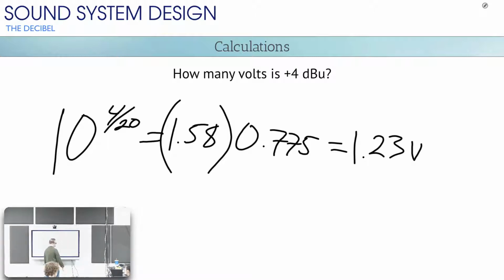That's another one you ought to memorize. So what that means is on your professional mixing console that has an XLR output on it, if you hook a little voltmeter up to that XLR output and you put a signal through your mixing console that lights up the output meter at 0 dB on the meter, unity gain on the meter, you will get 1.23 volts coming out of that XLR.